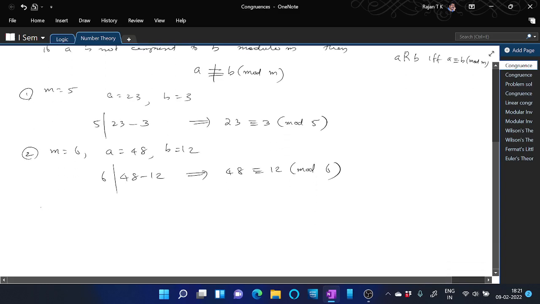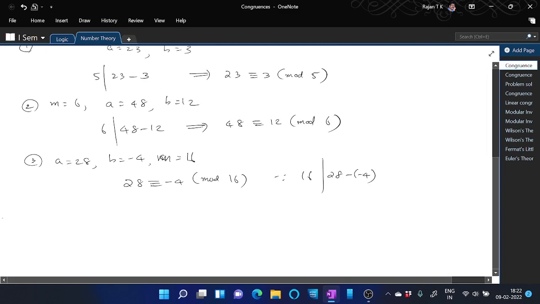Similarly, if you take a equal to 28, b equal to minus 4, m equal to 16, then it is very clear that 28 is congruent to minus 4 mod 16, since 16 divides 28 minus minus 4, which is 32.